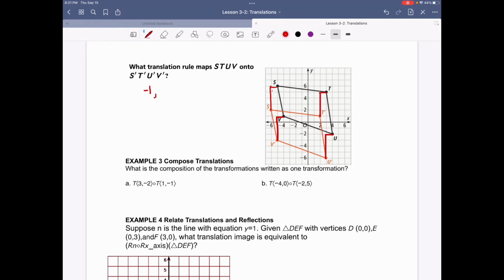And then we went down 4, so that would also be a negative 4. Put it in the arrow brackets. It's a translation, so we use T, and it was T of S, T, U, V equals S prime, T prime, U prime, V prime. And that's it.